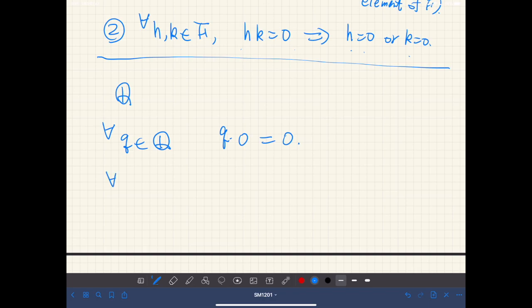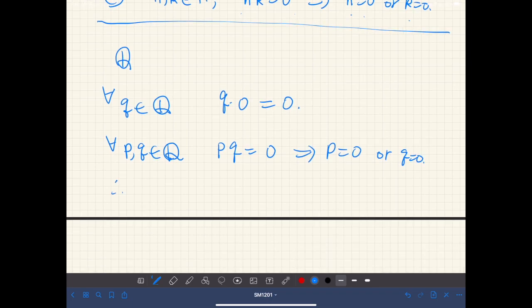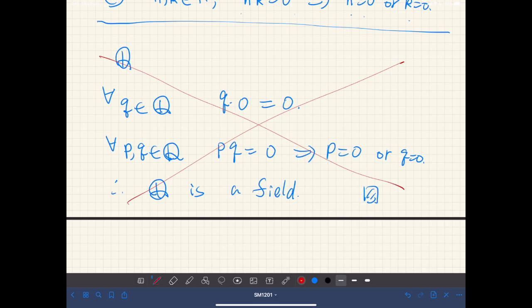And for any pairs of rational numbers, if P times Q is equal to 0, then P is 0 or Q is 0. Therefore, Q is a field. Done. And, of course, this proof is wrong. So why is that?